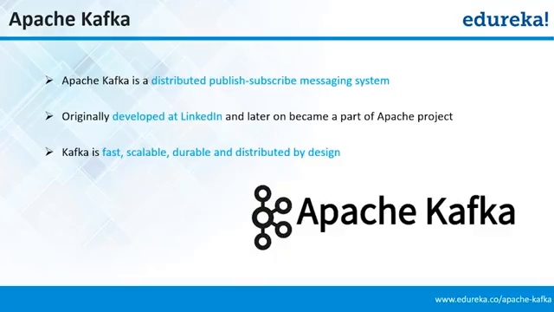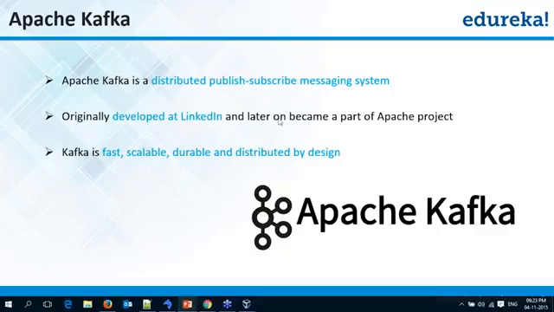Also, as I mentioned, Kafka has been built and used for real-time needs, and it provides a lot of things which are really fast and scalable, and since the data is persisted on the disk, it is durable, so it can sustain a few node crashes.